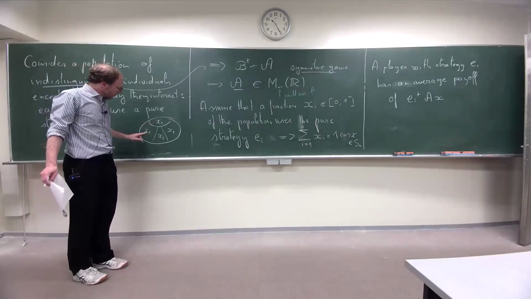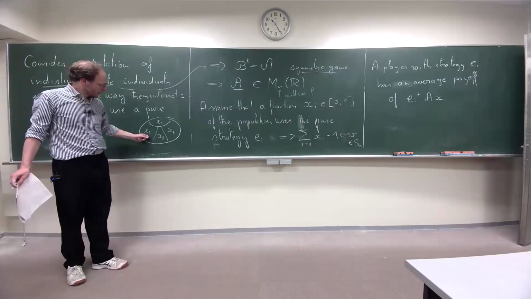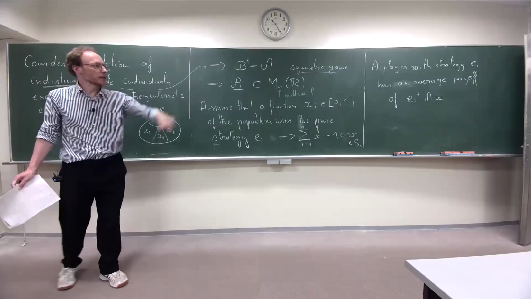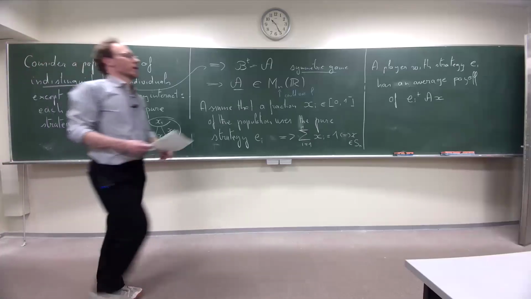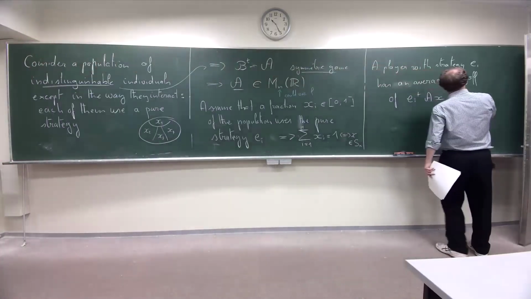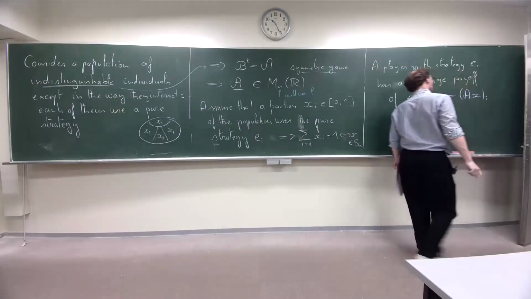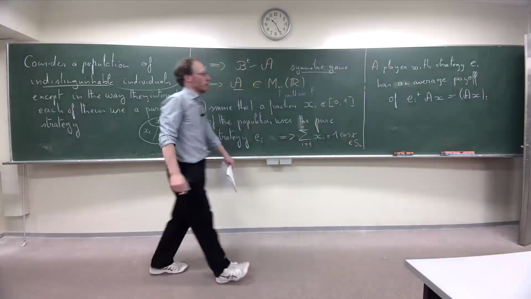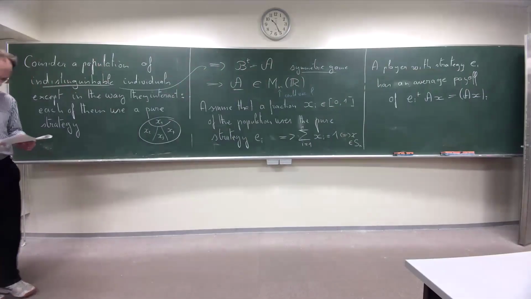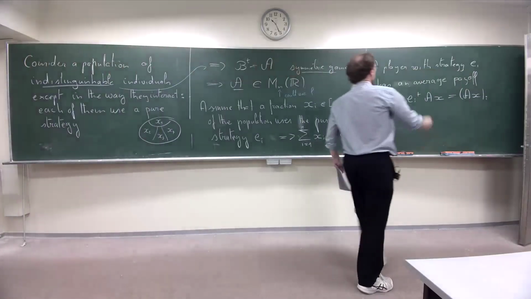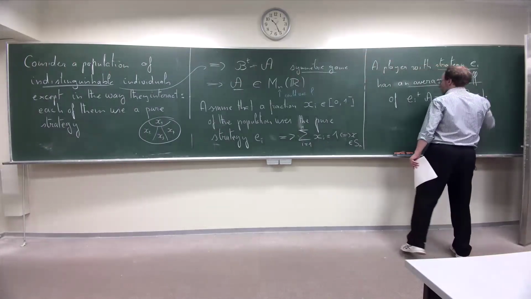He will play with an element of the second part with probability x2 and so on. So on average, he has a payoff or utility of this, and this is nothing but the i-th component of AX. Just think about linear algebra: when you do the scalar product with the vector 0, 0, 1, 0, 0, you get this. And so a player with strategy EI has an average payoff of this.